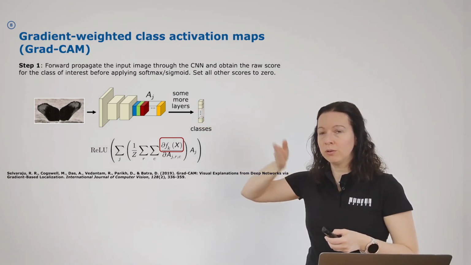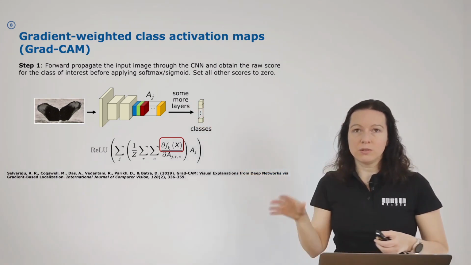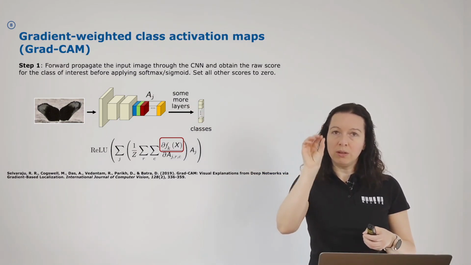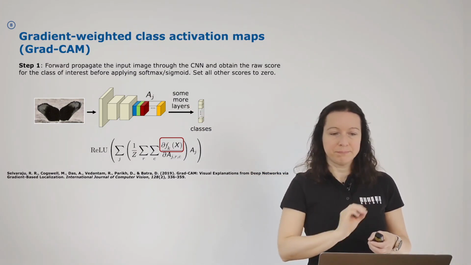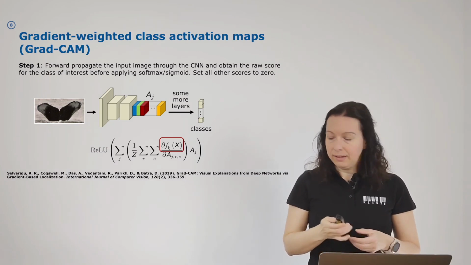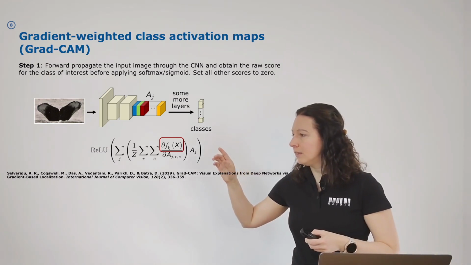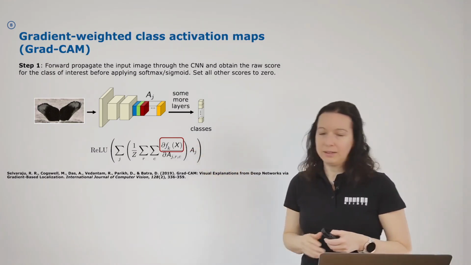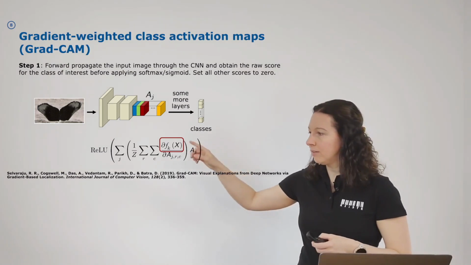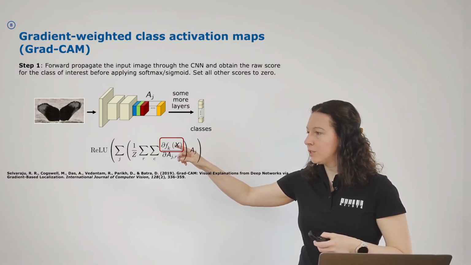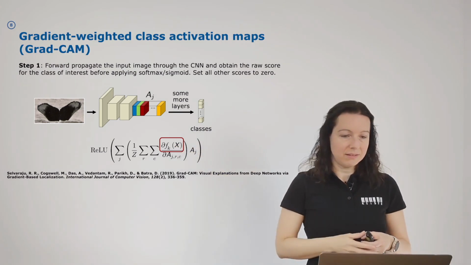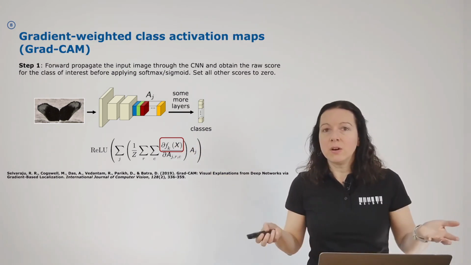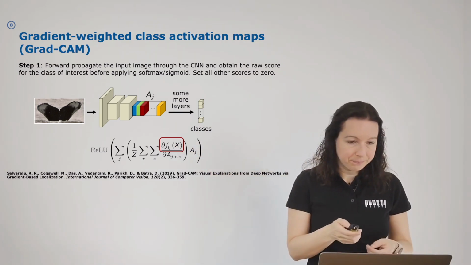You take the raw score, and all the rest of the scores you set to 0 because you're only interested in a specific class. This is what is performed here. So this X is the input image, and this F is the whole network.